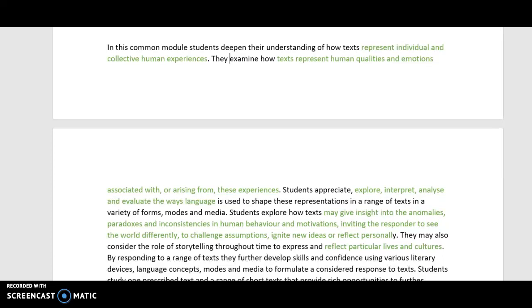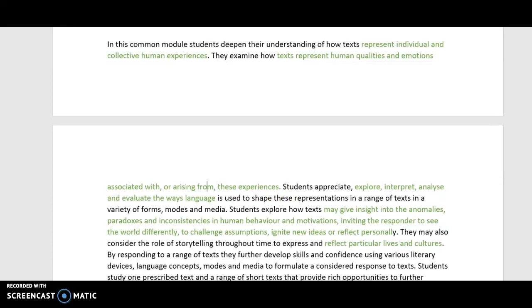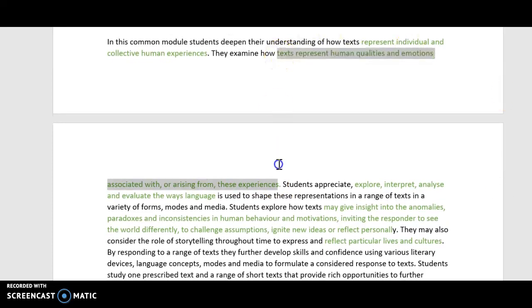So what is the human experience that you're talking about? How is it represented? How does it represent the human qualities and emotions associated with that experience arising from it? So you can't just say this is the experience. You have to actually get to this level in your writing, in your information text, and in your discursive as well.